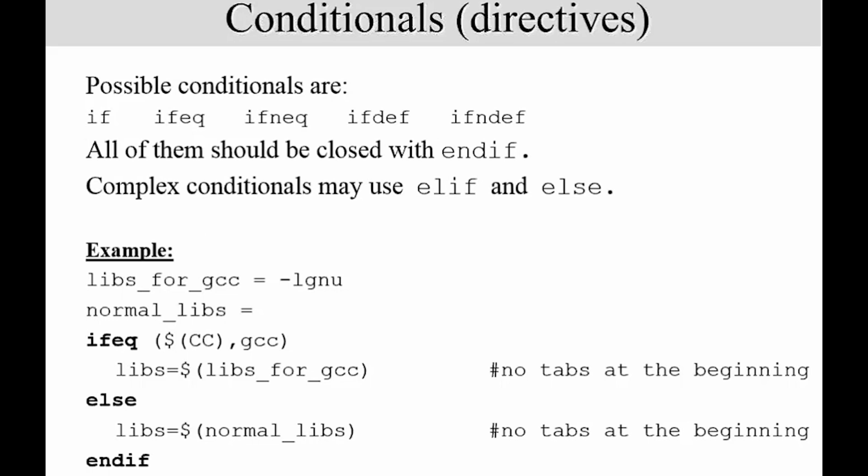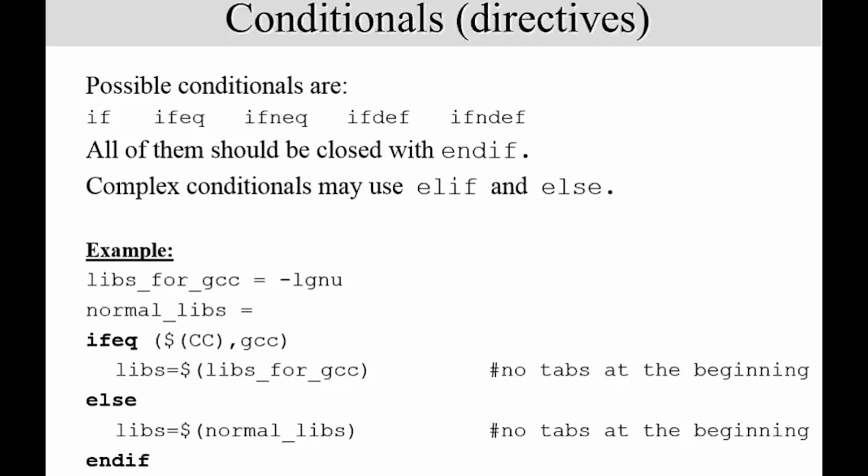So here is one example. Here we can specify either it's GCC or some other compiler. And for GCC we can specify the libraries as -lgnu, whereas the normal libraries are defined as something else. So now if you say ifeq $(CC) gcc, that is if $(CC) is GCC, then libs is $(libs_for_gcc), else libs is equal to $(normal_libs), and endif.